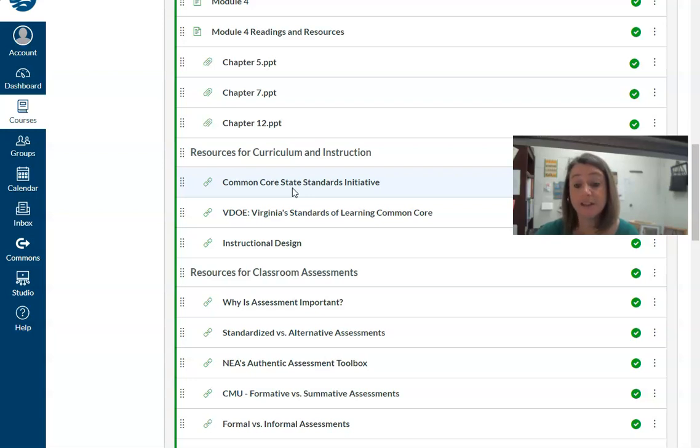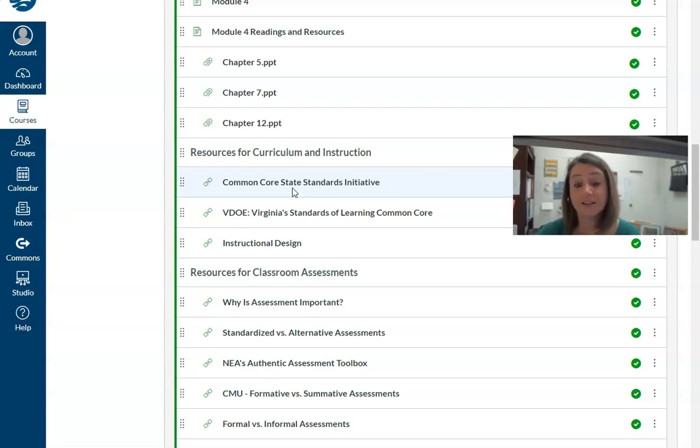But Virginia is one of only a handful of states that chose not to. And when you read through the Common Core, my personal opinion is that I do not think that they are developmentally appropriate. And while I think the purpose behind them was probably well-intentioned, I don't think the application has been the way that they were expecting it to be.